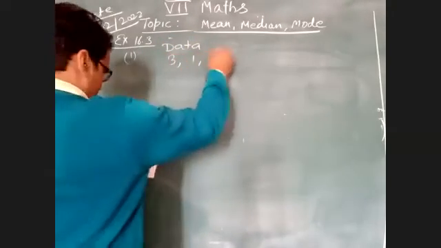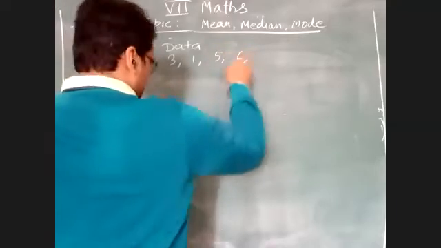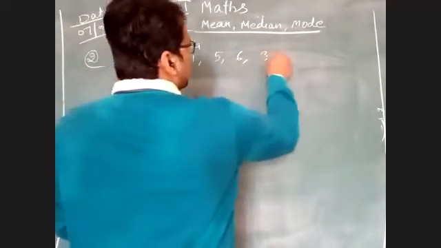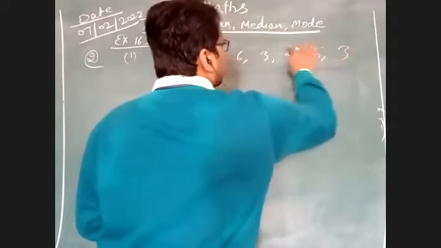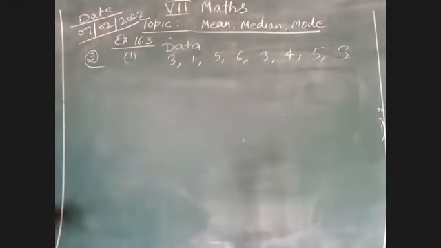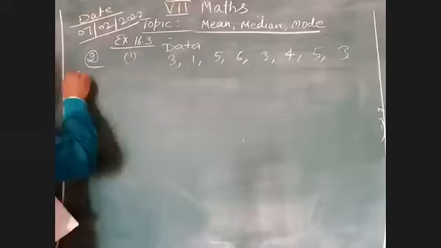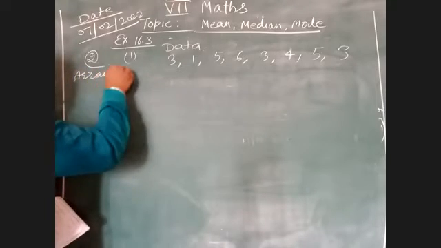Data is 3, 1, 5, 6, 3, 4, 5, and 3. This is your data. First of all, you have to arrange this data in ascending order.